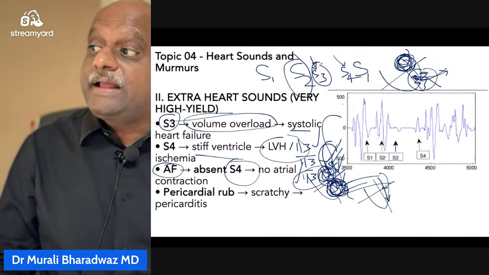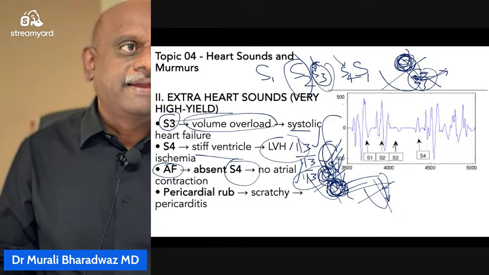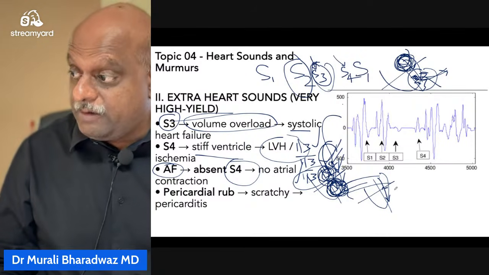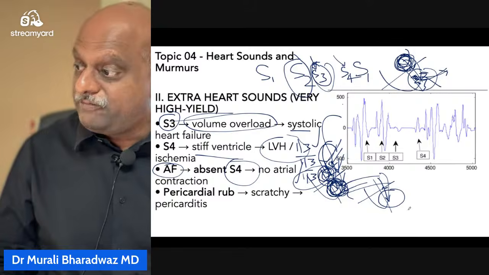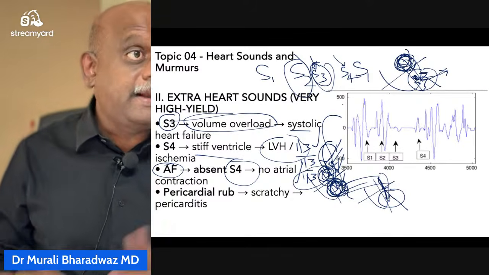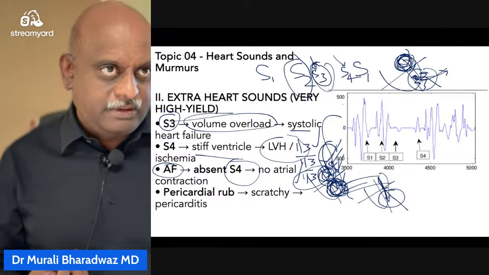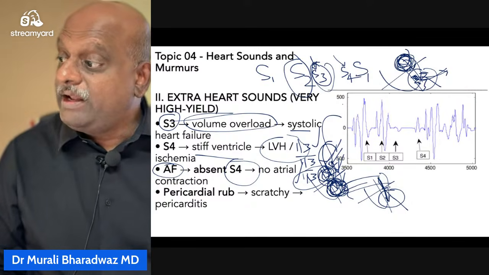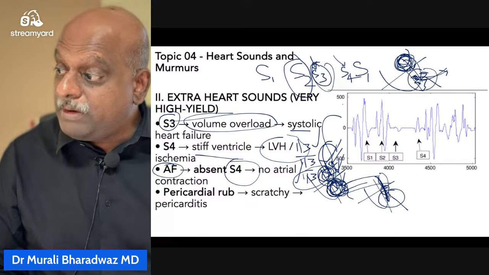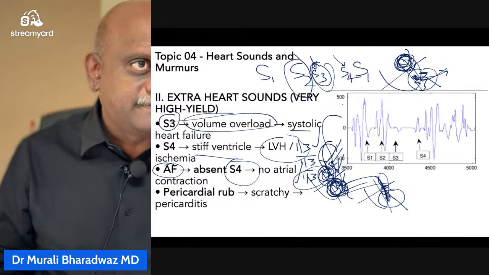When will you listen to S3? If there is a stagnant pool of blood with a failed ventricle, when the blood moves, it leads to S3. Whereas in MS, the amount of blood moving itself is less.